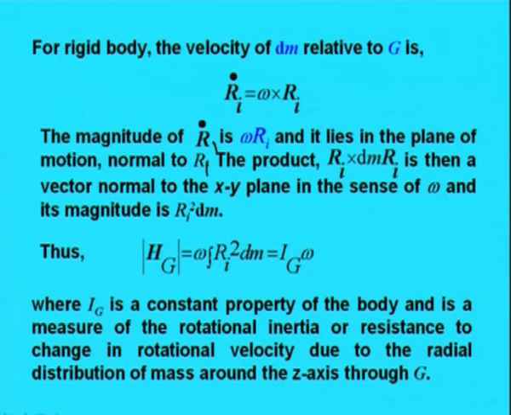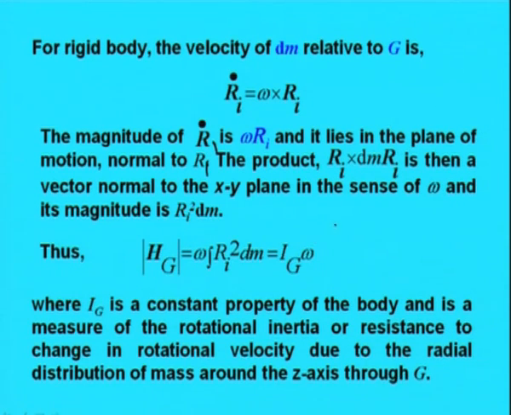Thus the magnitude of H G is omega times the integral of r i squared dm, that means it is I G into omega, where I G is a constant property of the body and is a measure of the rotational inertia, or resistance to change in rotational velocity due to the radial distribution of mass.